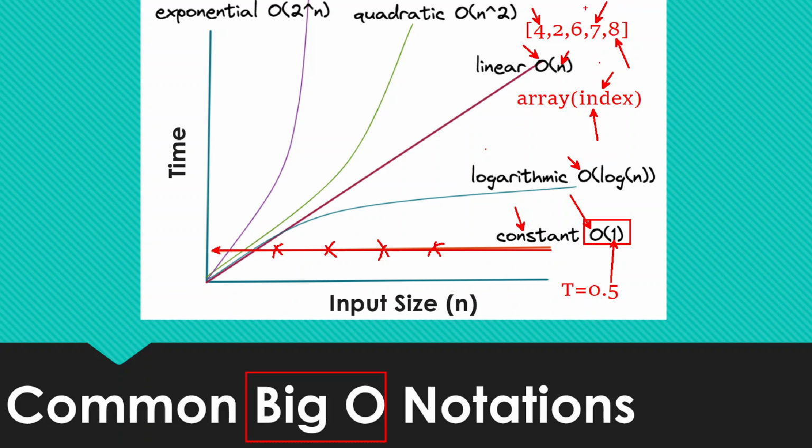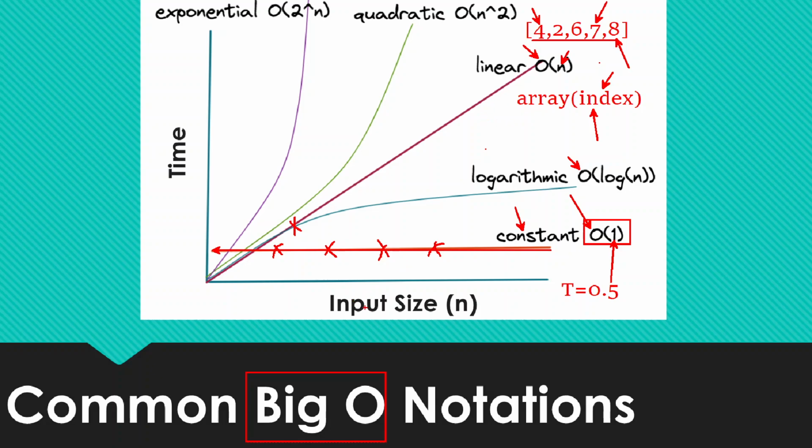For example, let's use the same example of our array. So far, our array has 1, 2, 3, 4, 5 items. If we wanted to print these 5 items, then our algorithm is going to take some time to read those 5 items.